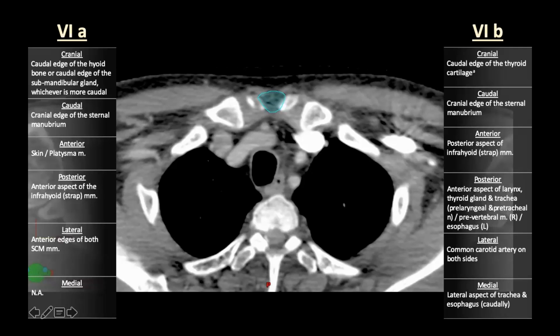Okay, thank you. One of the candidates wants you to show the slides with the transverse cervical artery to show the delineation between 5B and 5C.